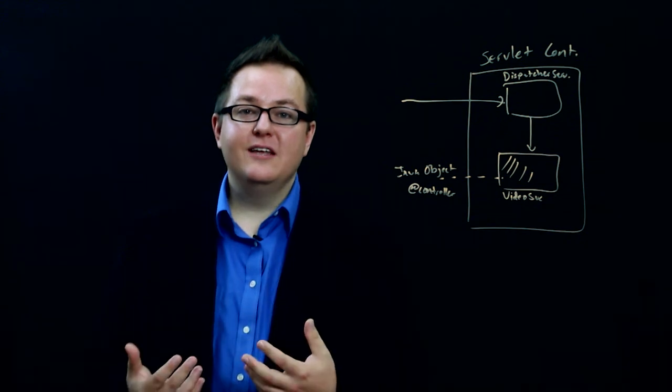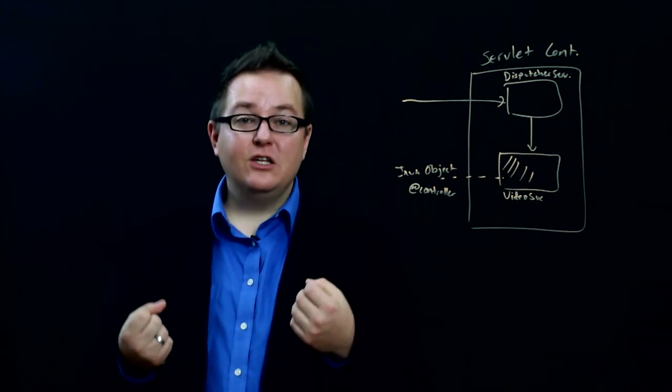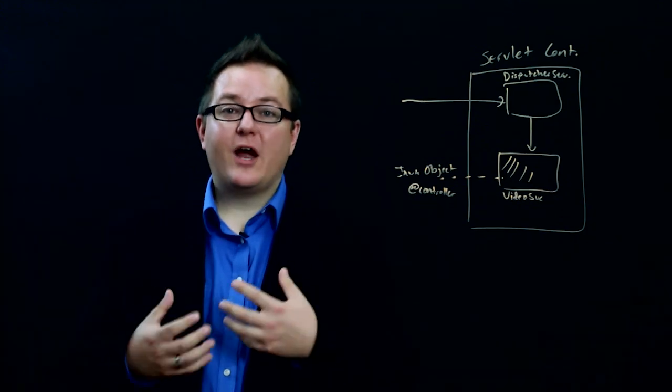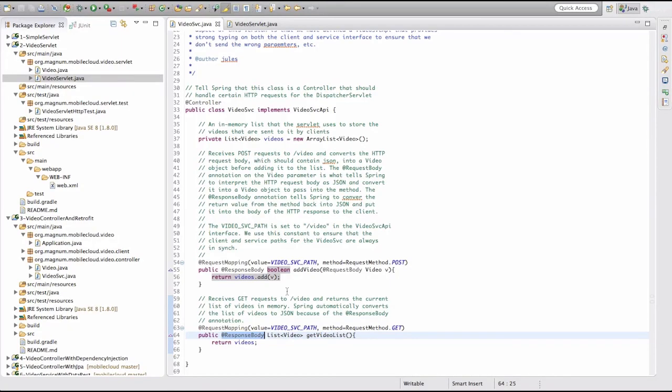You're just working with standard Java objects that look much more natural than they did when you were trying to write all of this special logic for HTTP. So we've decoupled how we access these methods and how we encode and decode requests and responses into just simple logic. We're just adding some metadata to our class, and suddenly Spring does all the work for us.